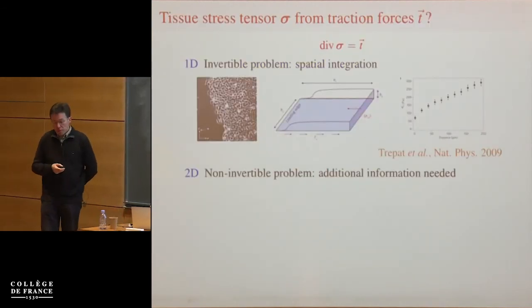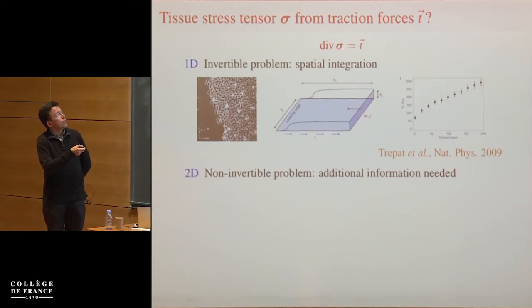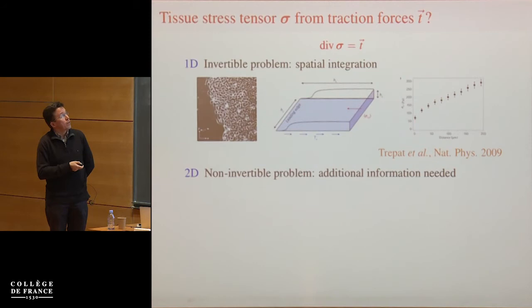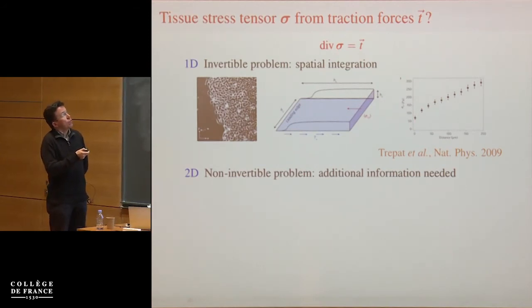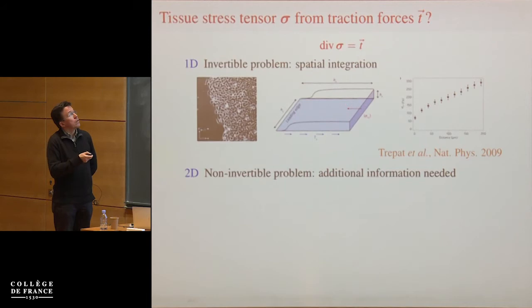So if we have data for these traction forces, the traction forces are related to the internal stresses of the tissue through force balance, which is here. So the divergence of the stress field that we are looking for is equal to the traction force vectors. And what we would like to do is to invert this equation. Now, immediately there is a problem.